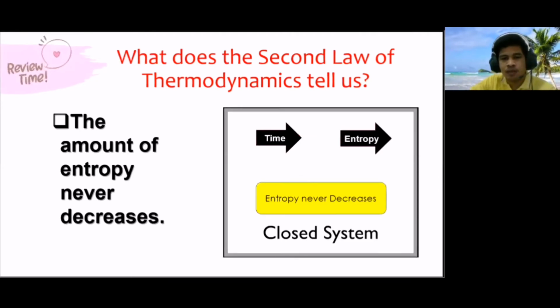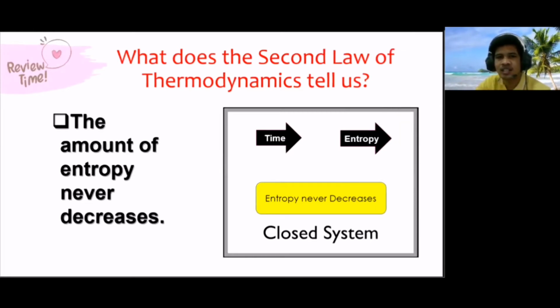If we have a closed system like this one on the slides, the yellow one here says the entropy never decreases. It always increases. As time passes by, entropy becomes higher. It means the extent of disorder is becoming higher.